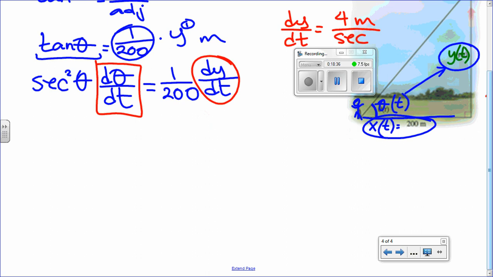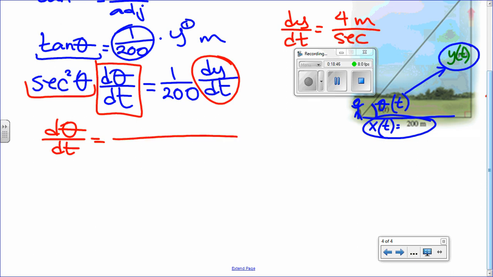So let's go ahead and solve for d theta over dt, and the secant square is actually multiplying d theta over dt, so I'm just going to take it across to the other side. And so here I'm just going to have dy over dt.